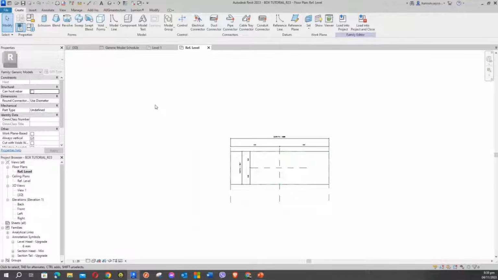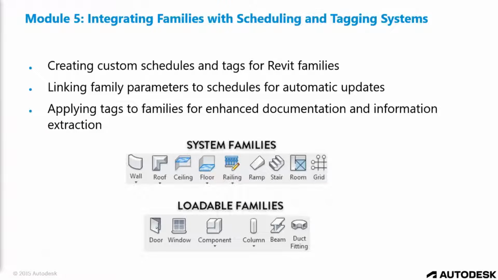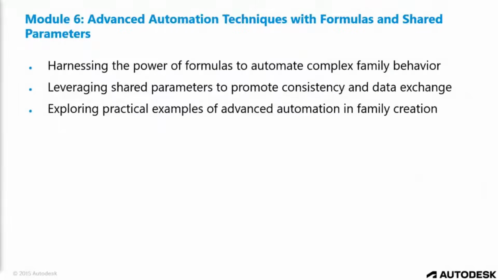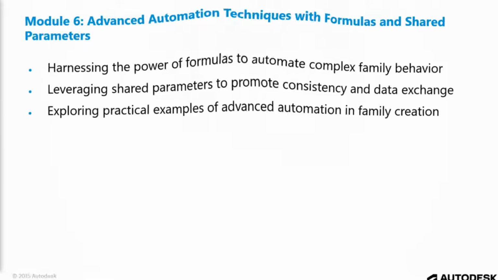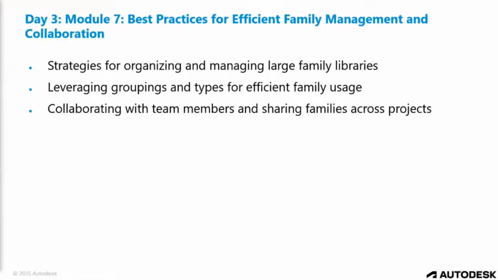So right now, okay, let us go to families, enhance documentation, information extraction. So we have done that. So formula, nag-add na tayo. Shared parameter, we haven't added those shared parameters. Example, advanced automation. Okay, that's day 3.